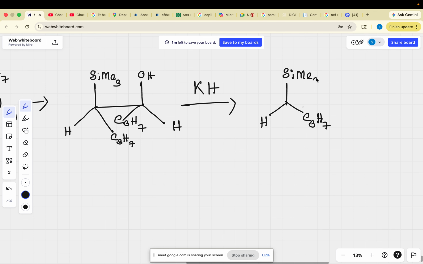K plus, H minus: H minus is abstracting the proton from OH, and you are getting O minus here. That's it, right? Now tell me what possibility is there, what you can do from here. Is any possibility there?